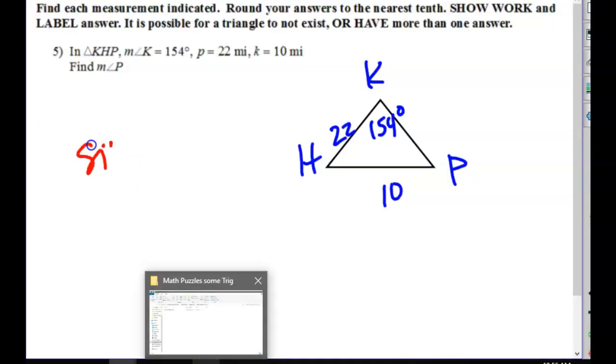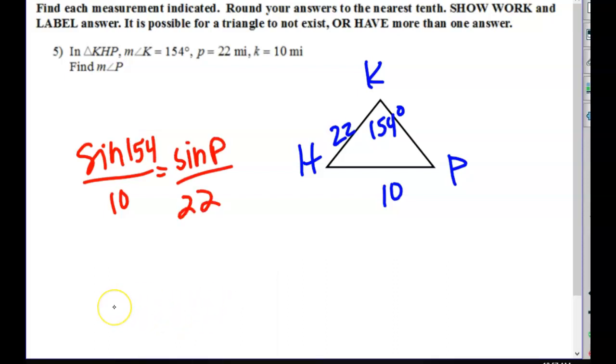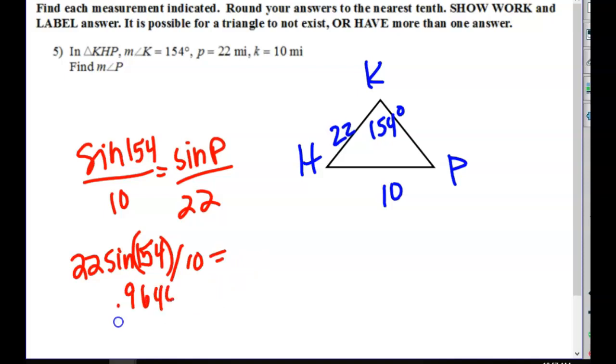Law of sines. 22, sine of 154 divided by 10. And then you do second sine of that, and you get what?